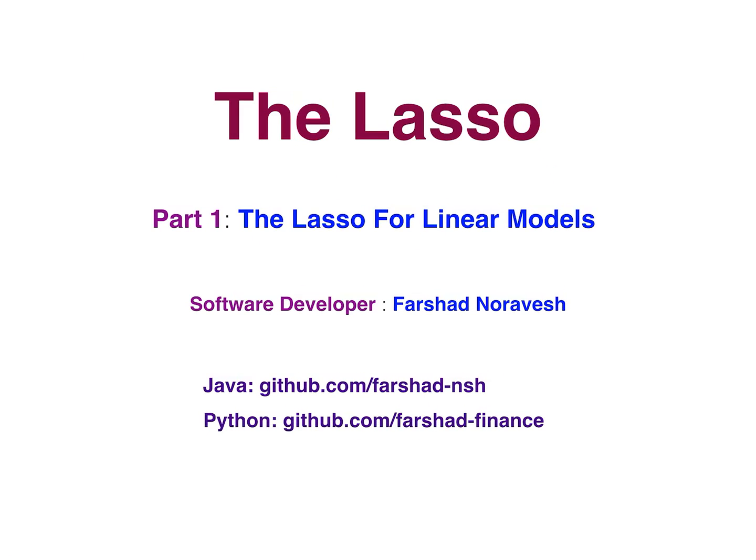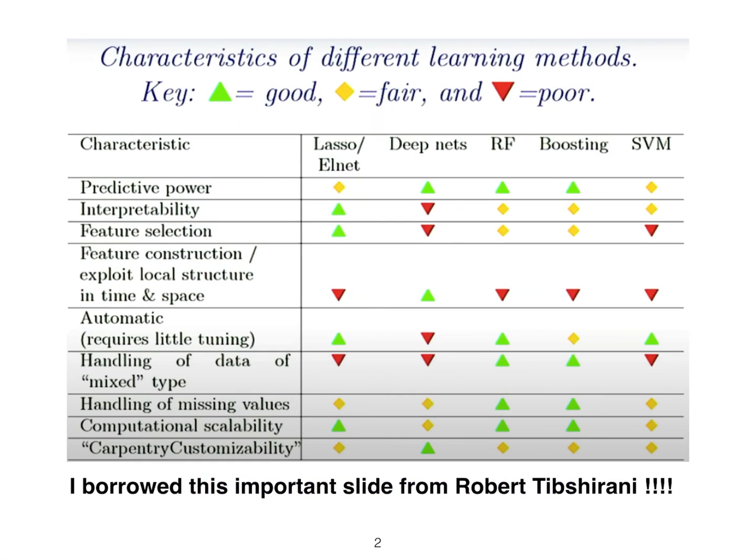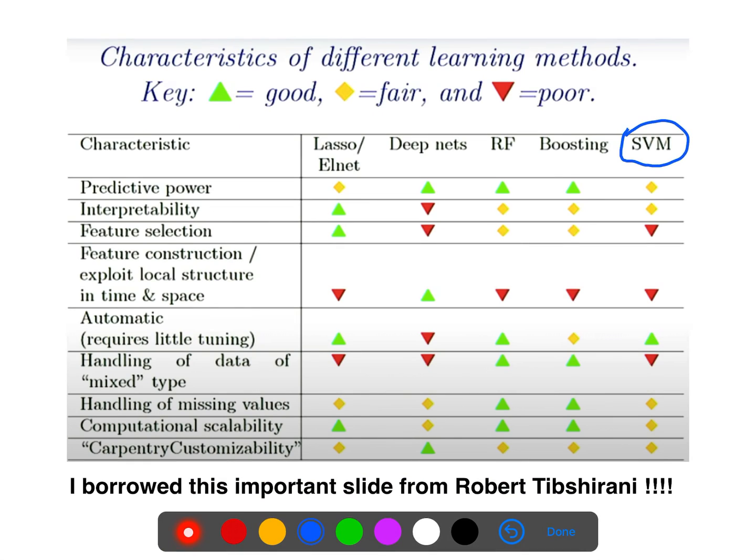All right, today I want to talk about the Lasso. The Lasso stands for least absolute shrinkage and selection operator. Professor Tibshirani has compared different paradigms such as support vector machine, lasso and elastic net, and random forest.